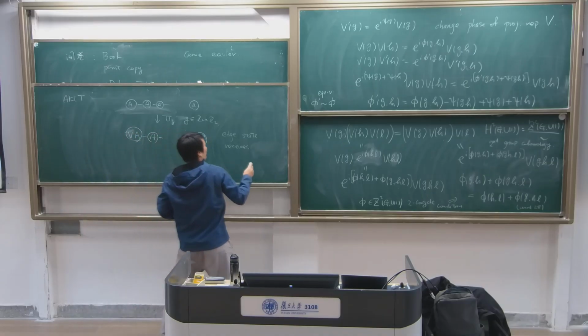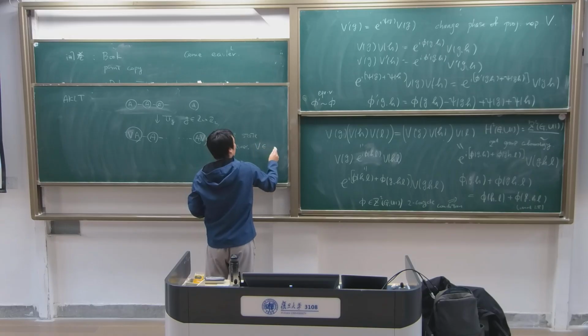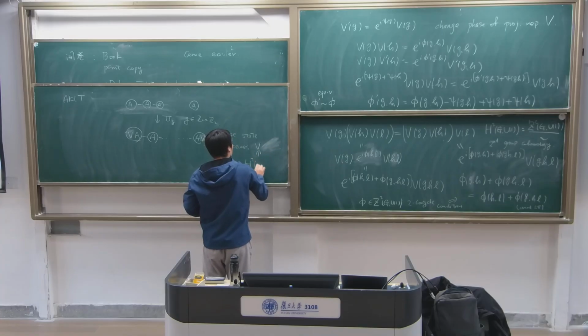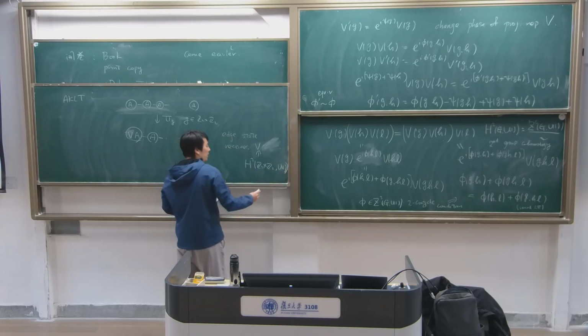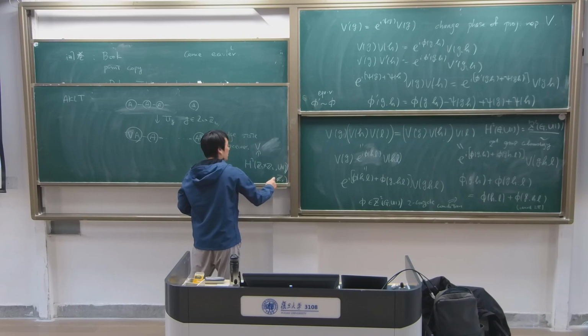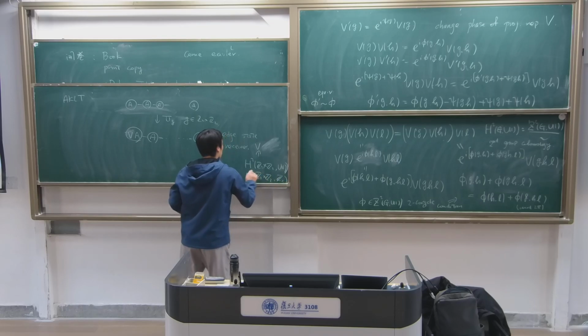The notation B is in fact the group cohomology H2 of Z2 plus Z2 with U1. Strictly speaking, this is in fact Z2 valued because we already saw that this is H2.